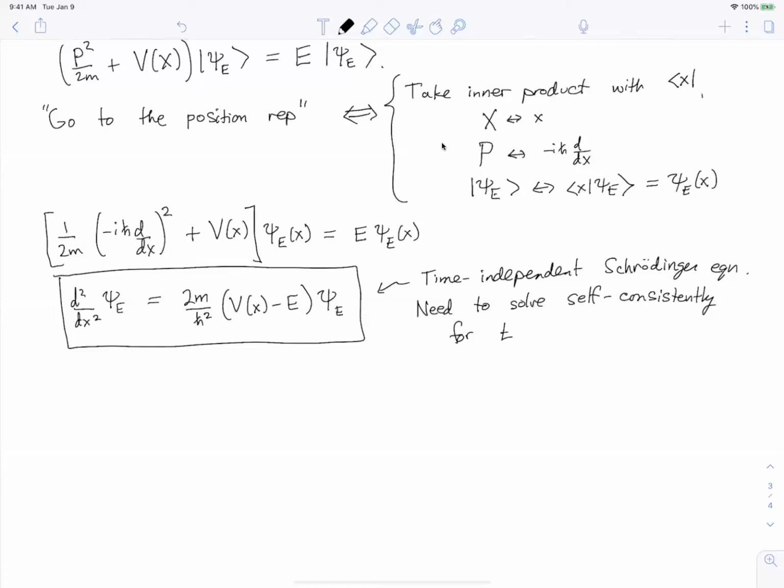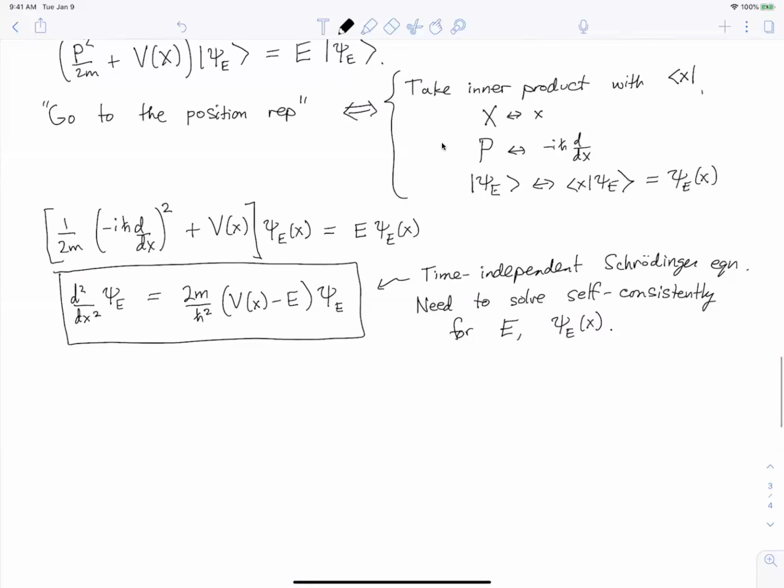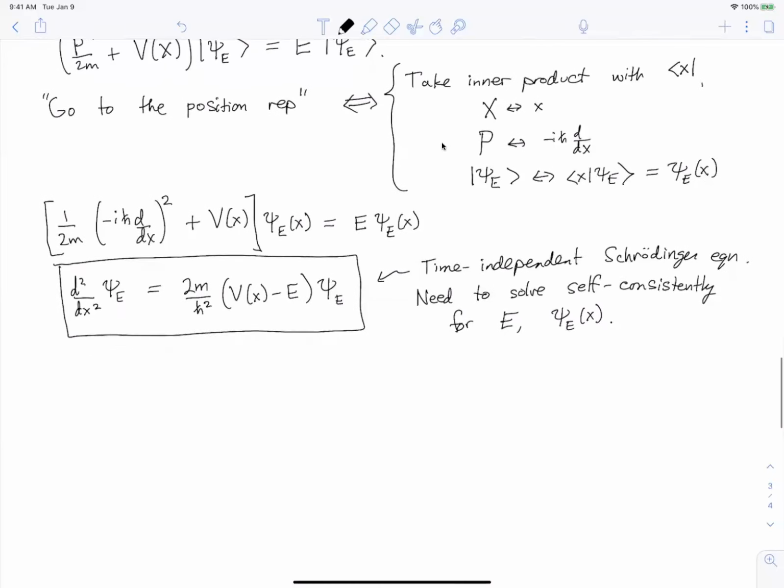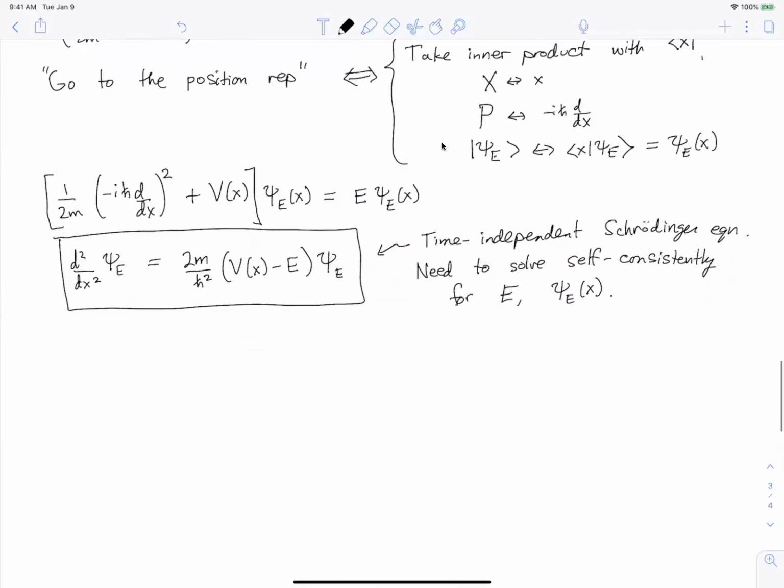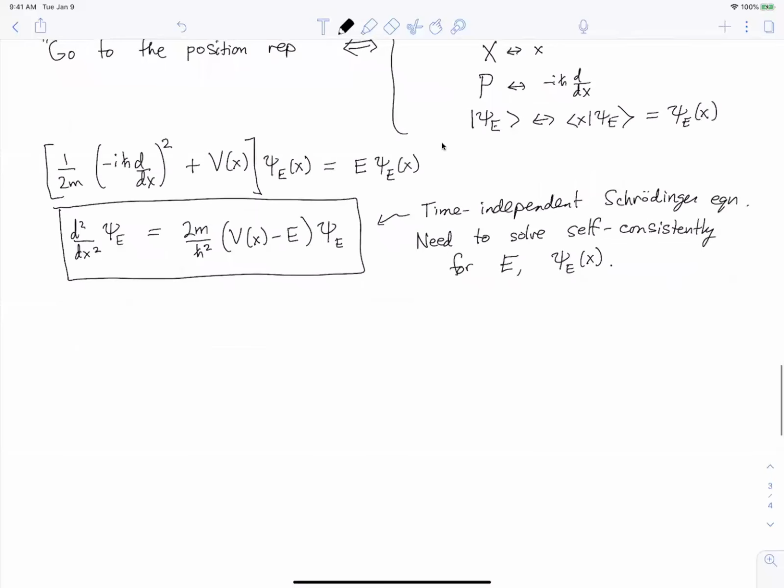So for E and psi_E, which is a function of x. Okay, so that's going to be our task for several weeks now in the future. And before doing that, let's see some things that we can say about the wave function we're trying to solve for. And from now on, I'm just going to drop the subscript E. It's going to be understood that I'm talking about wave functions that have a specific E.